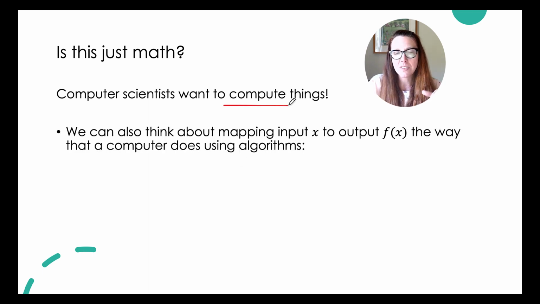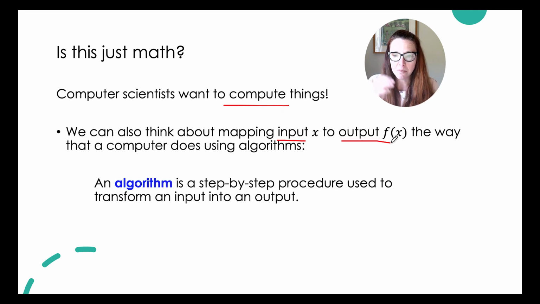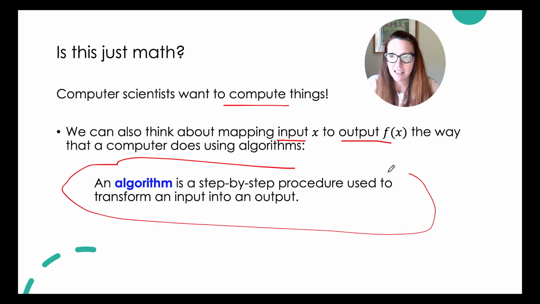But all of this is really important because we can also think about mapping an input to output the same way that a computer does using algorithms. In an algorithm, we get a step-by-step procedure that's used to transform input into an output. And that, in a nutshell, is a function.